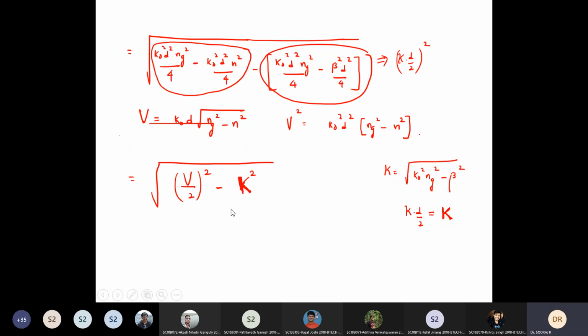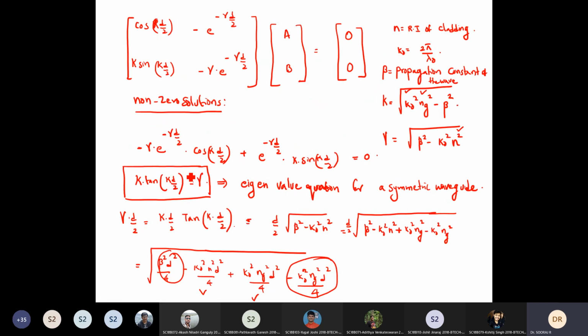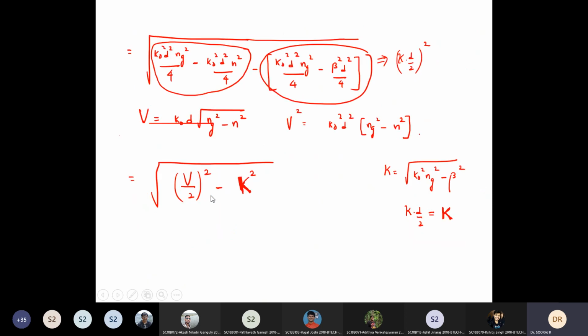This was nothing but kappa into d by 2 into tan of kappa into d by 2. We have already defined what is kappa into d by 2, and that is capital K. And therefore, this equation becomes capital K into tan of capital K.